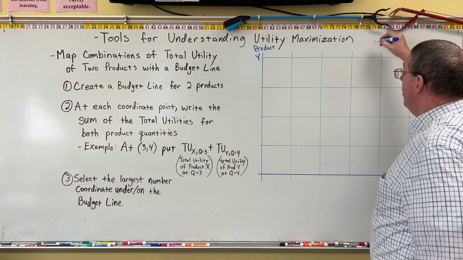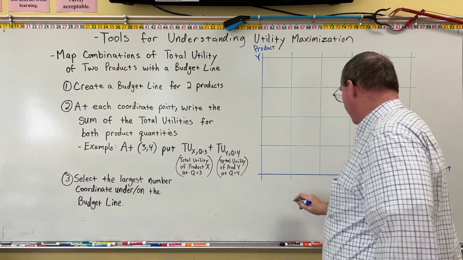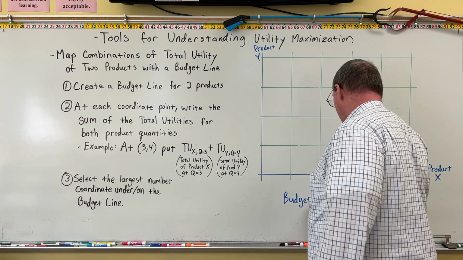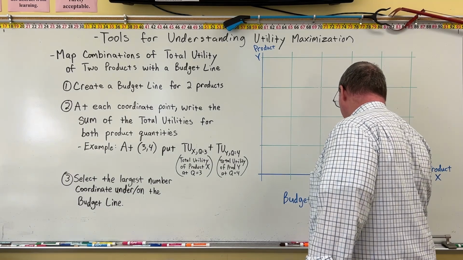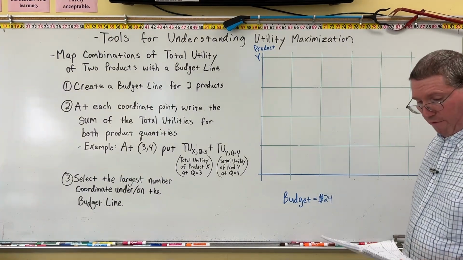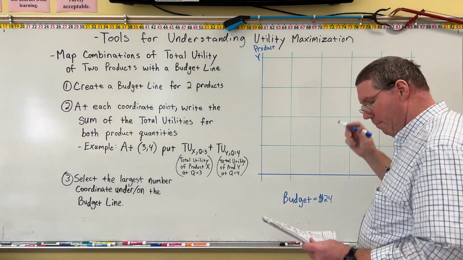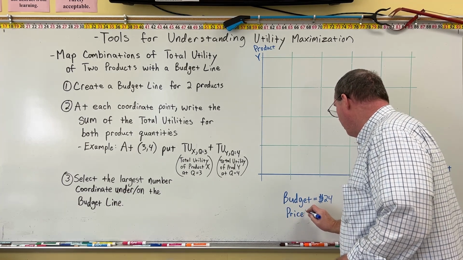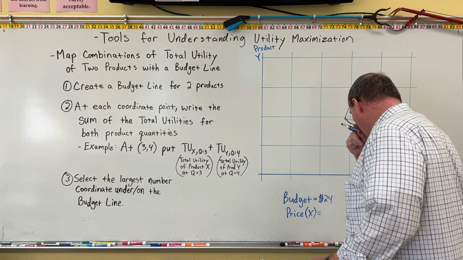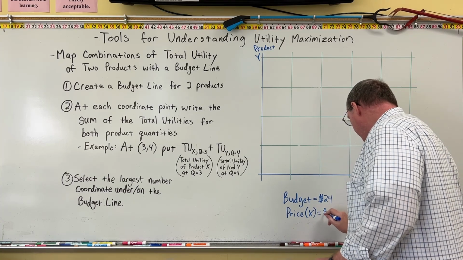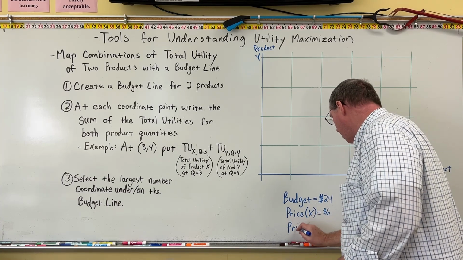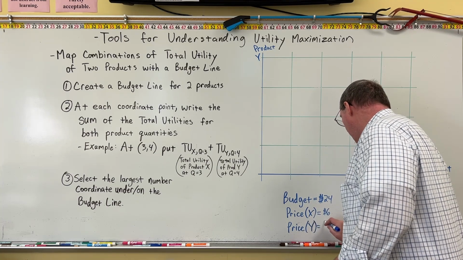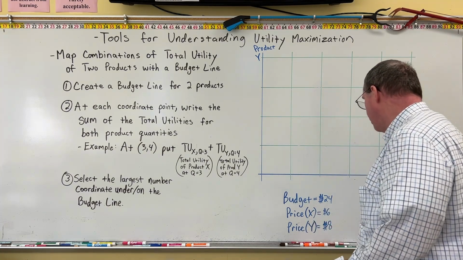So for this example, let's write it down here: the budget is $24, and if you look at the two products from the previous example, we had product X, okay? And the price, if you recall, of product X was $6, and the price of product Y in that example was $8. And we're going to use that same information.